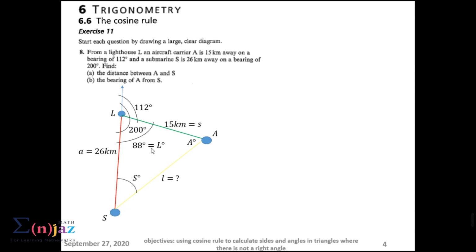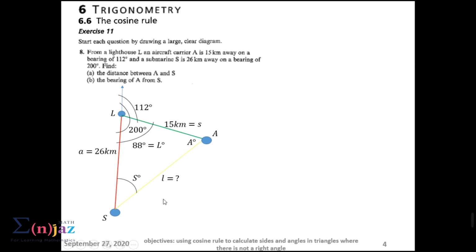Looking at this diagram, the green side, 15 kilometers, and the red side, 26 kilometers, are known, and the angle in between, 88, is known as well. So I can apply the cosine rule to find the third unknown side, which is L.